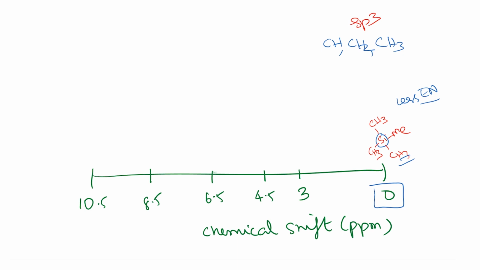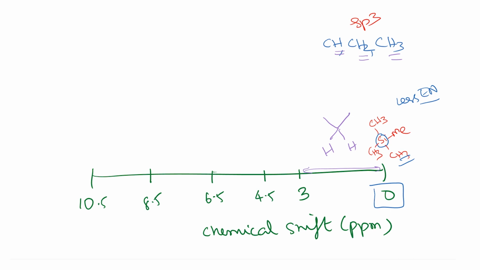When I look at these hydrogens, that is CH2 and CH3, and they are connected only to carbon, then since carbon is more electronegative compared to silicon, we can expect them to be in this region, between 0 and 3. So, this CH2 can be expected to be here. We will look at it in more detail very soon.